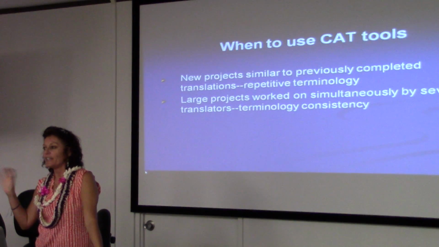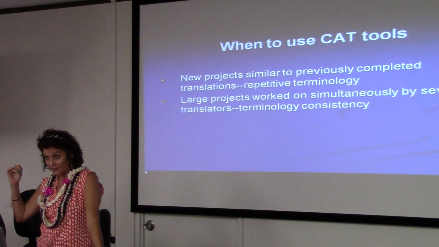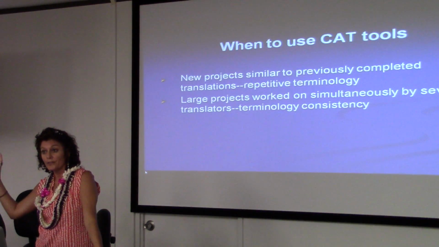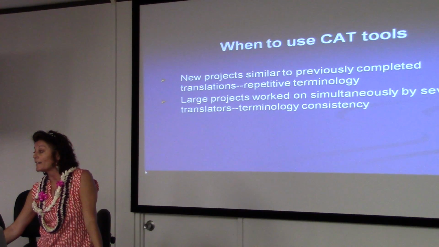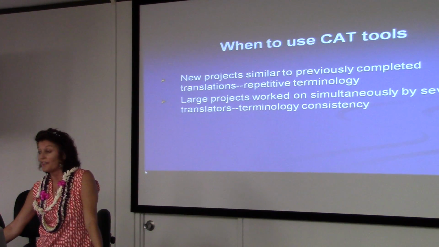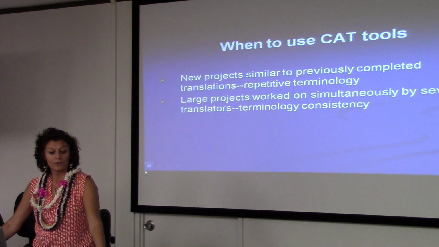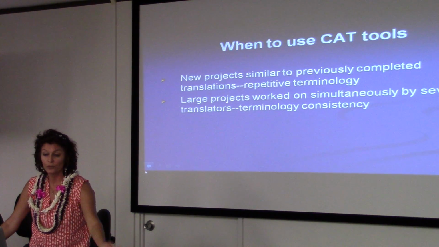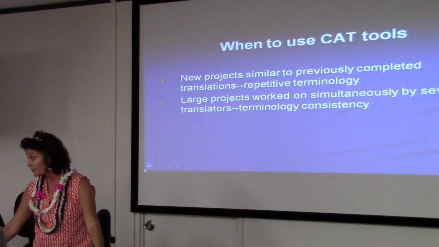So the CAT tool allowed us to have the same consistency throughout the whole document, throughout all the different slogans we translated, all the marketing documents. And that's something that you yourself, without a CAT tool, would have more difficulty to deal with, because you would have to look at very different reference documents, you would have to consult many dictionaries, you would have to go back and forth, rather than having everything integrated into one software.